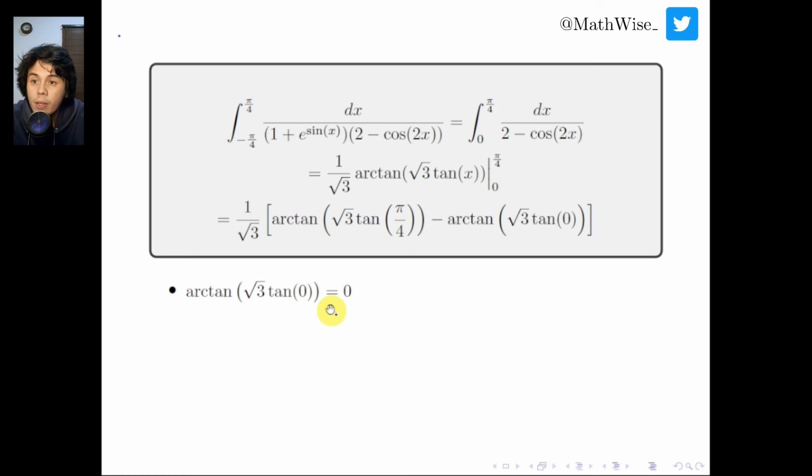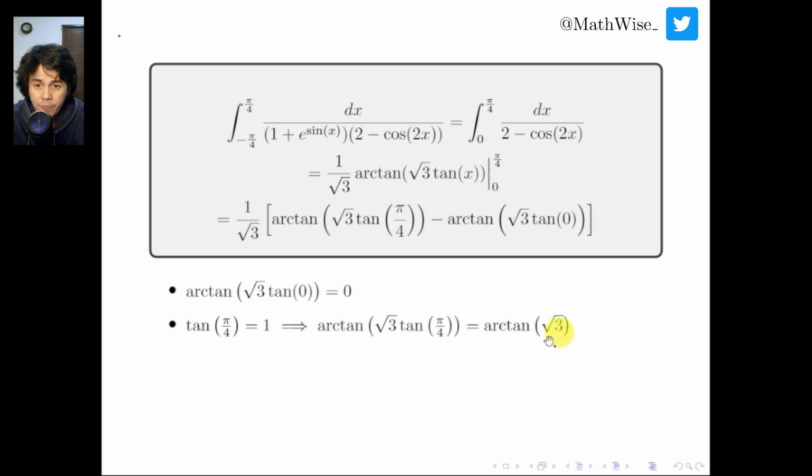Actually, it has many values, but I take the 0 value here. And then tangent of pi over 4 is exactly 1. That is easy. So the tangent inverse of this one is exactly tangent inverse of square root of 3.